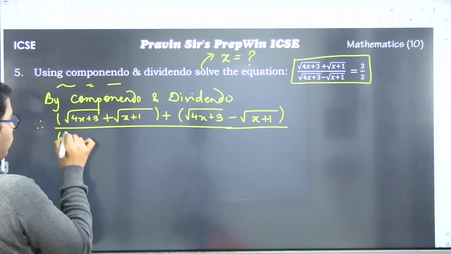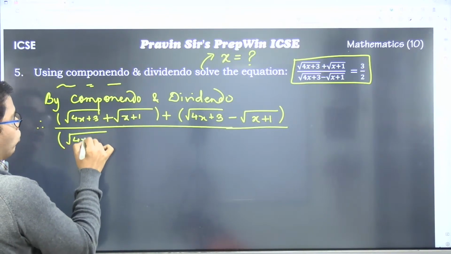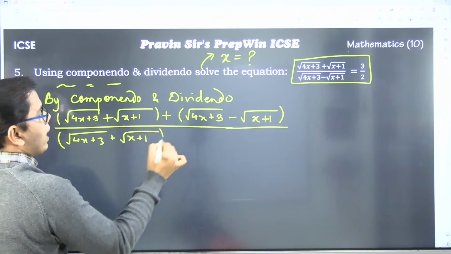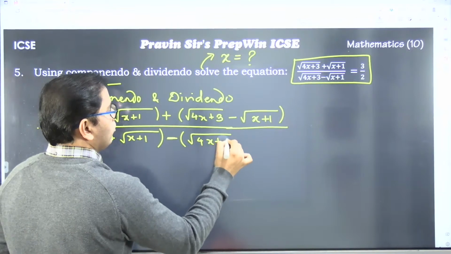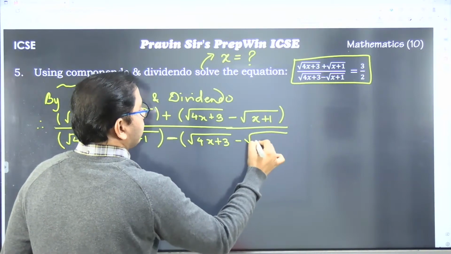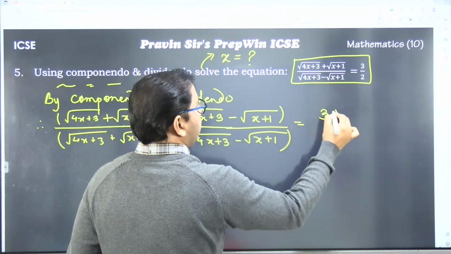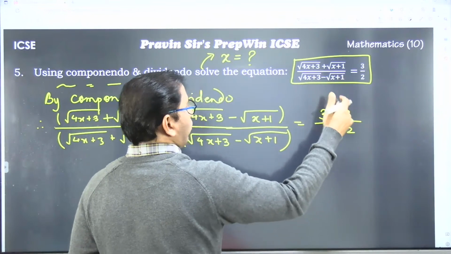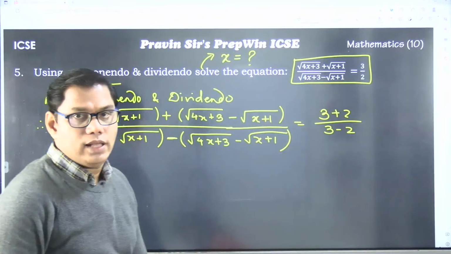And the denominator, after using componendo and dividendo, will be numerator minus denominator. Correct? We know that. So the right hand side is 3 plus 2, numerator plus denominator, upon numerator minus denominator. Now the fraction will be positive because we have the bigger number in the numerator.